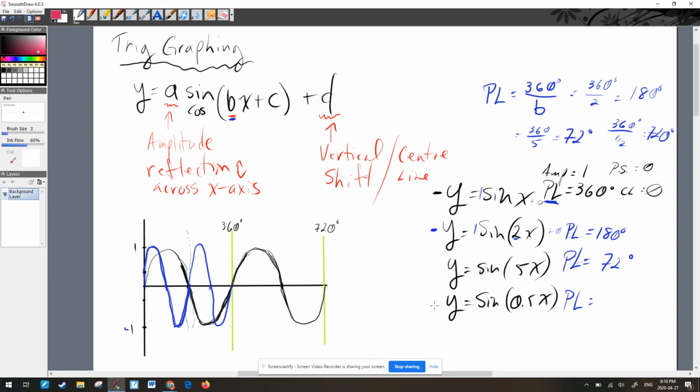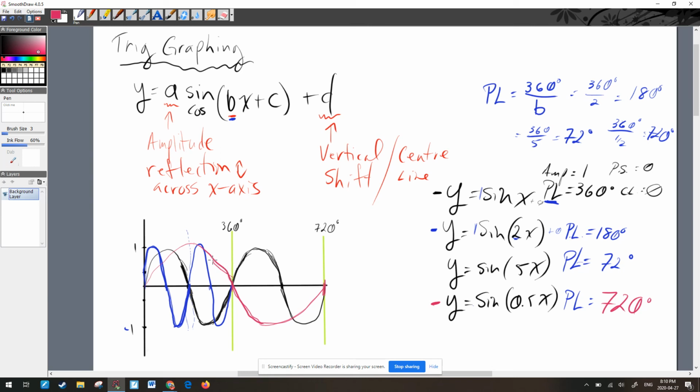There it is right there. So it's actually got a period length of 720 degrees, which means it only finishes one cycle by the time it gets out here to 720 degrees. That means the halfway point for it is 360. So it's going to go up at a much more gradual pace and then come back down and go through there. Come on down, and up we go, okay?